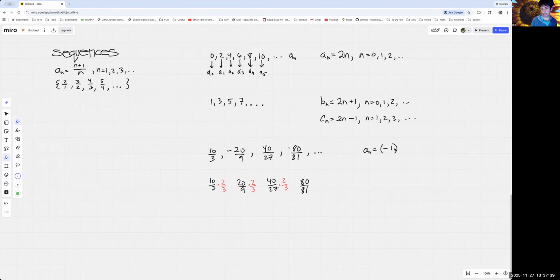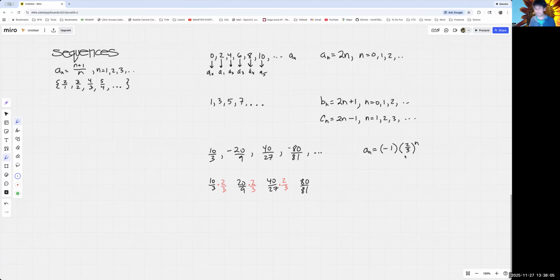I'm going to leave it blank for now, and then we'll go back and figure that out. I can also see it's going to have a factor of 2 thirds, and that each time n increases by 1, we get another factor of 2 thirds. So this 2 thirds to the n will do that. When n is 1, we get one factor of 2 thirds. When n is 2, we now have another factor of 2 thirds. When n is 3, we have another factor of 2 thirds. So that should cover that.